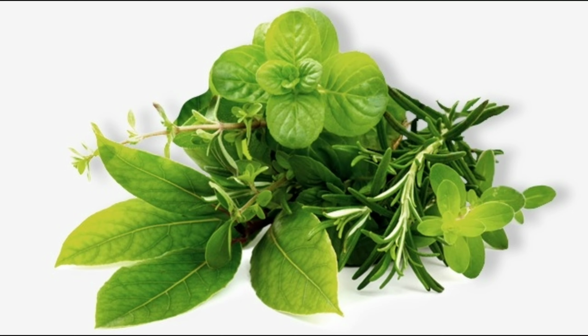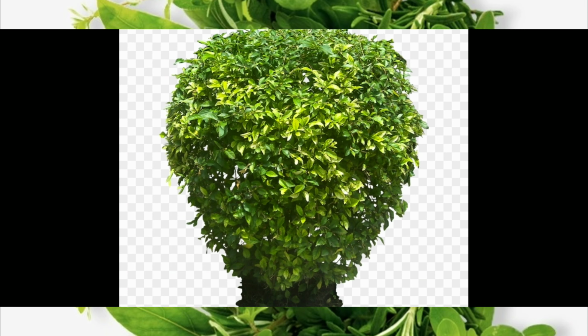Then we'll come to shrubs. Some plants develop branches near the base of the stem. The stem is hard but not very thick.